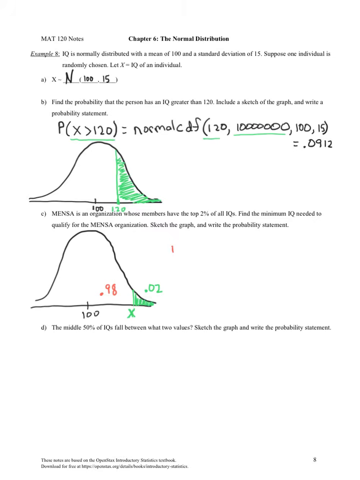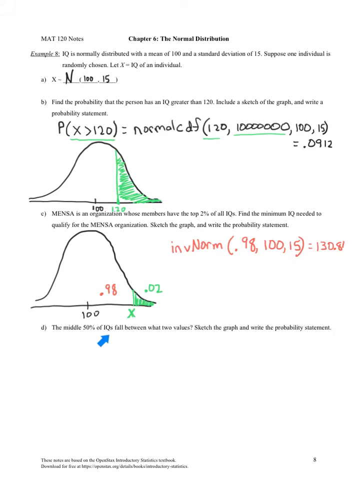So what we can do here is use our inverse norm and type in the 0.98, since our calculator gives us the values to the left, followed by our mean, and then our standard deviation. And then this will give us a value of about 130.81.